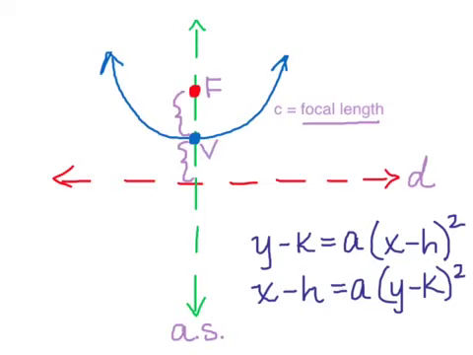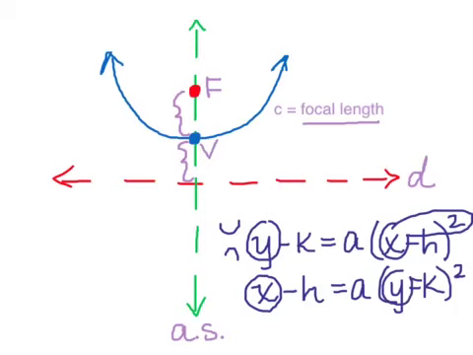Remember what we said about parabolas is that when the y is not squared but the x is squared, that is your up-down kind of parabola. It's either up or it's down. But when x is not squared and y is being squared, that's the sideways parabola that either goes to the left or to the right. Now, this is not a hyperbola, so that doesn't go in both directions. It just goes in one or the other, left or right.